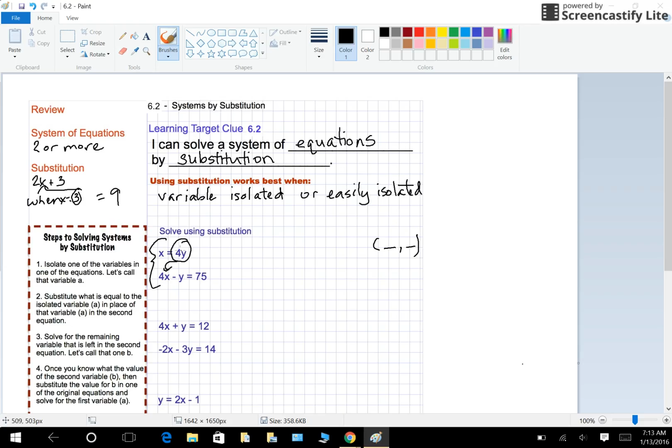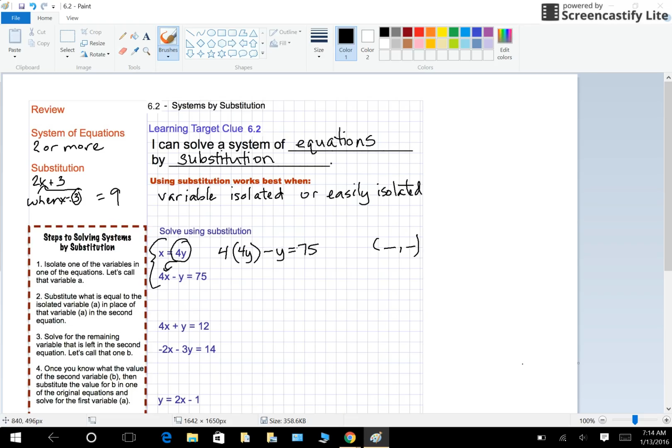So I'm going to take my 4y that x is equal to, and in my second equation where it says 4x minus y equals 75, wherever there's an x, I'm going to replace it with 4y. So I'm going to write 4 times x, but now I know that x is 4y, 4 times 4y, and then I keep writing my equation minus y equals 75.